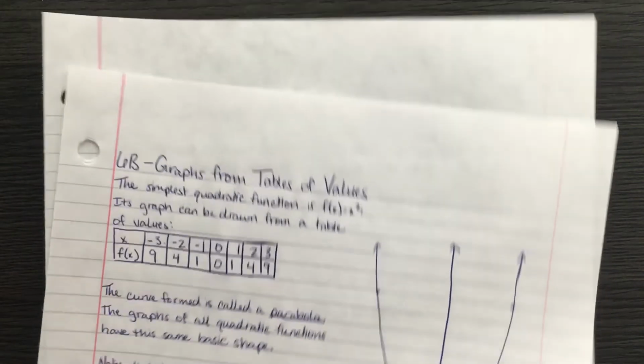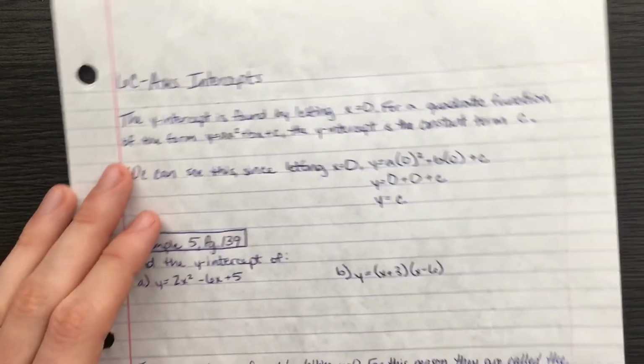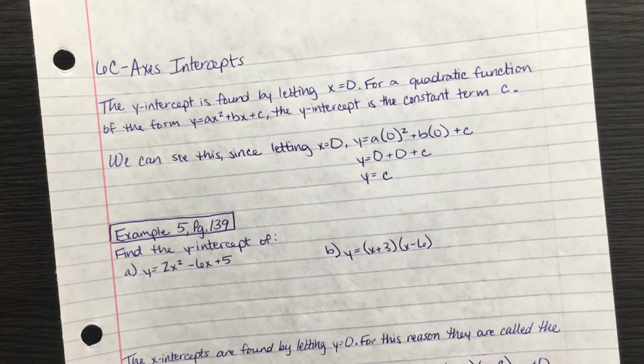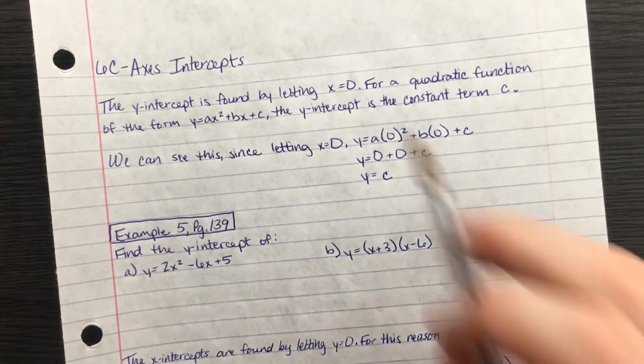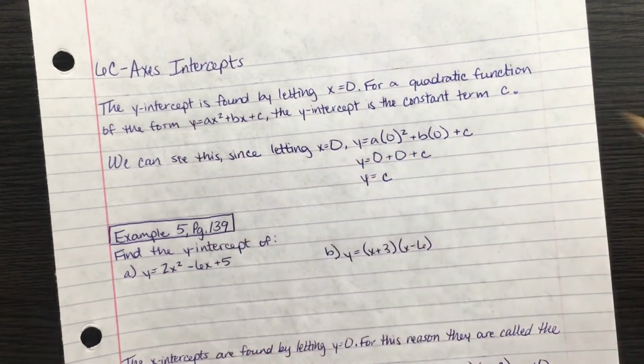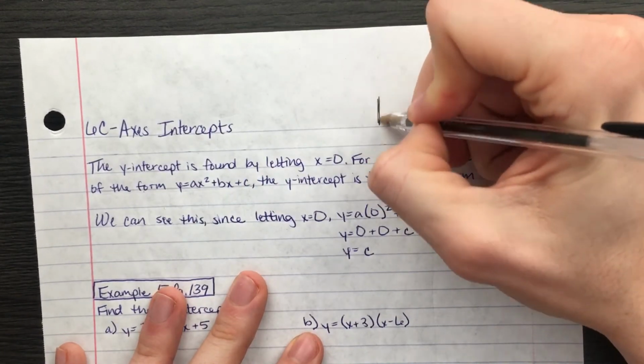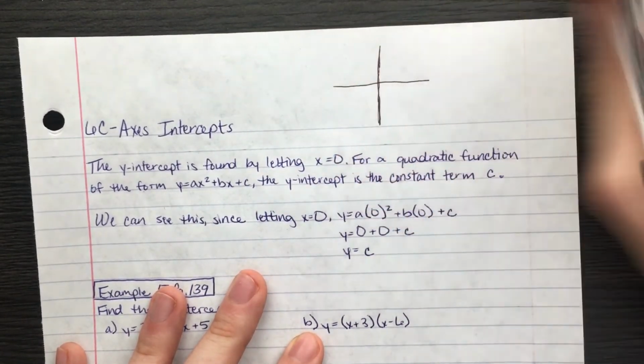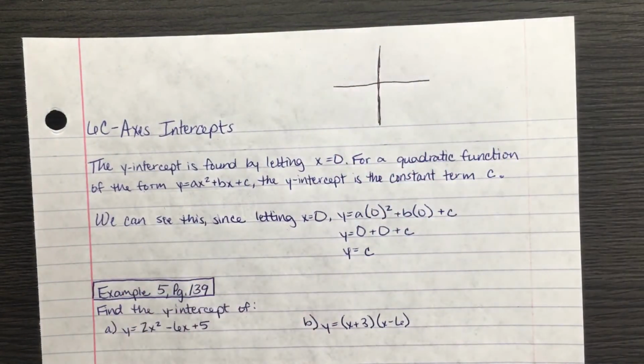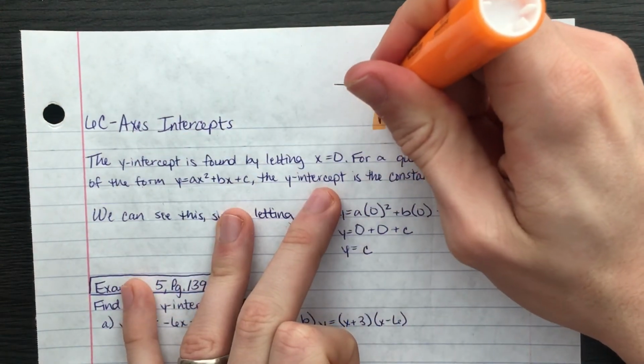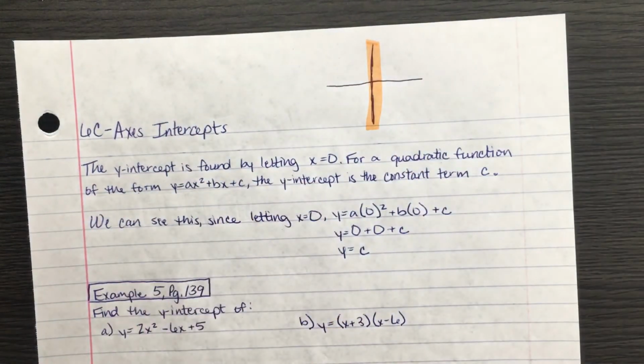So then the last thing for today is the axes intercepts. Mechanically, we want to look at how we find these things using algebra. So the y-intercept, if you think about mathematically what a y-intercept is, it is when the graph is crossing the y-axis right here.